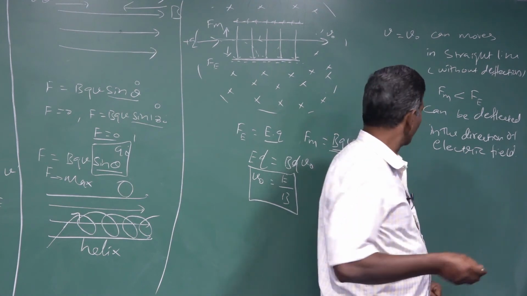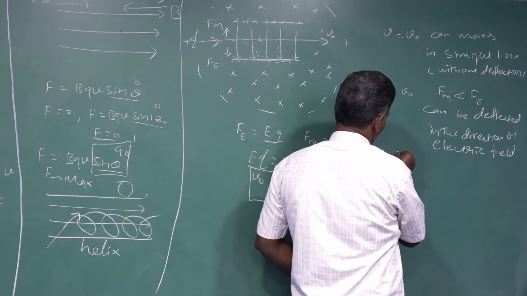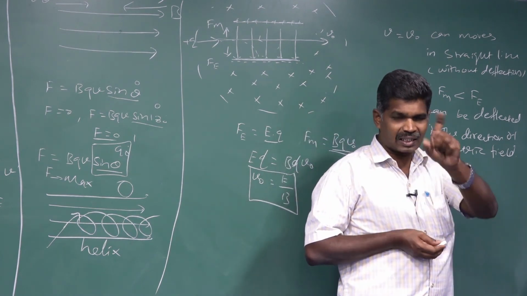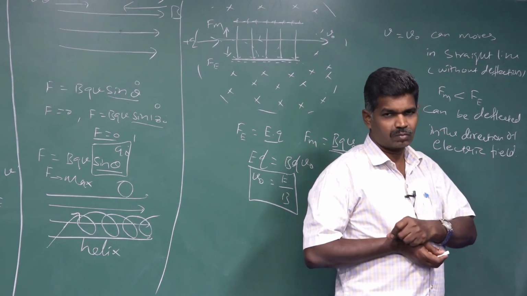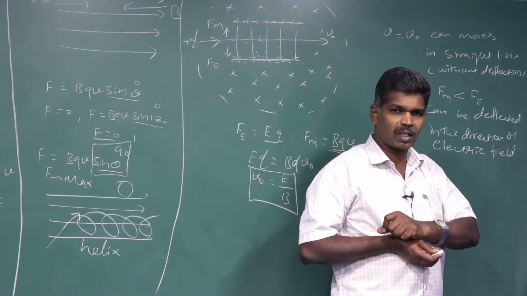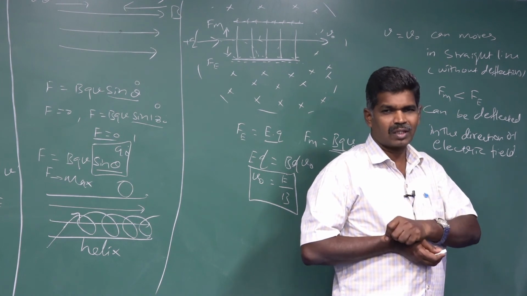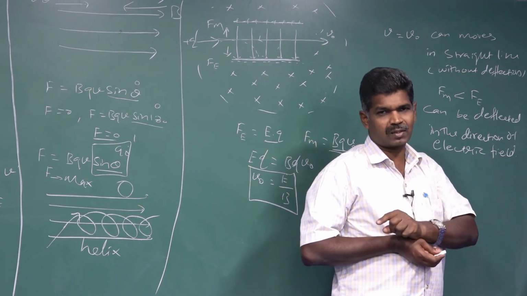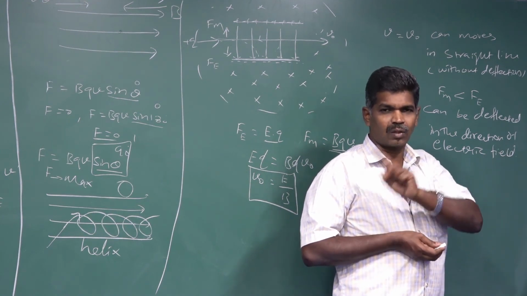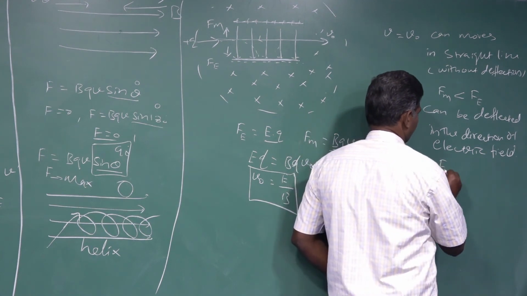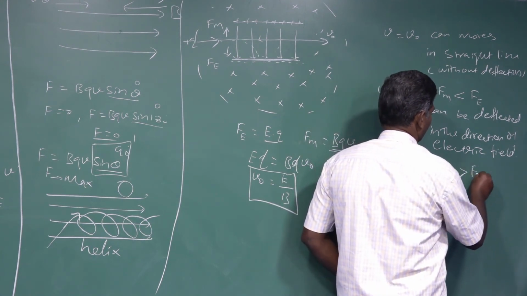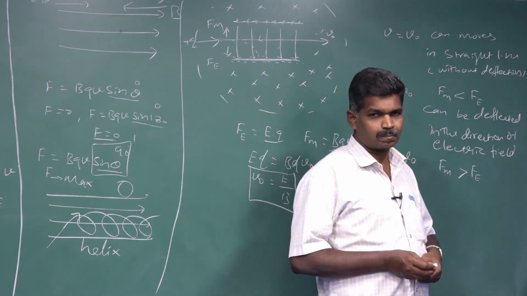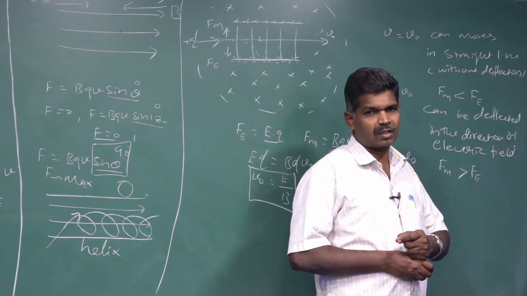Another condition we have: V is greater than V0. Our charged particle's velocity is greater than that particular velocity. We know the magnetic Lorentz force formula, F equal to BQV sin theta. Sin theta becomes 1, no problem. But as V increases, the force also increases. If the magnetic force is greater than the electric force, which one is dominated here? The magnetic force is dominating, and the electric force is lesser.